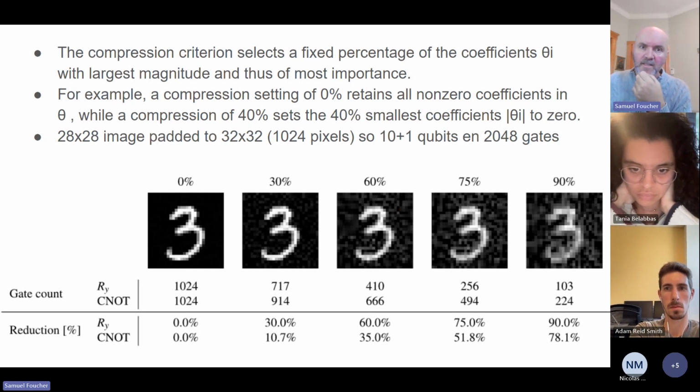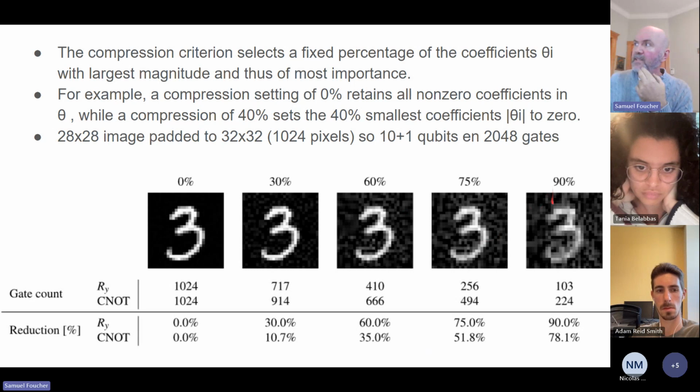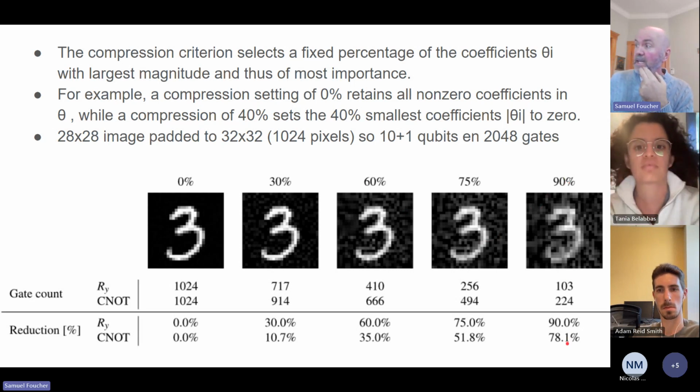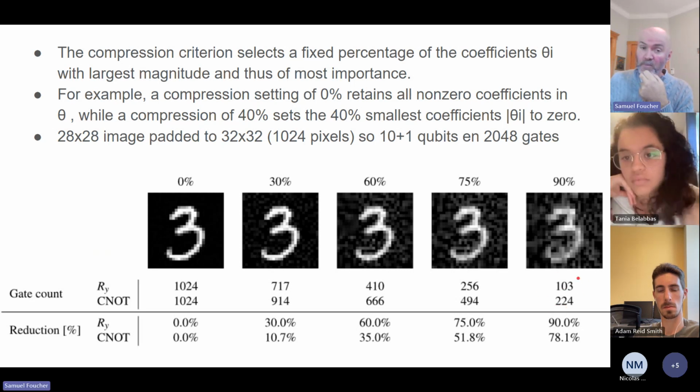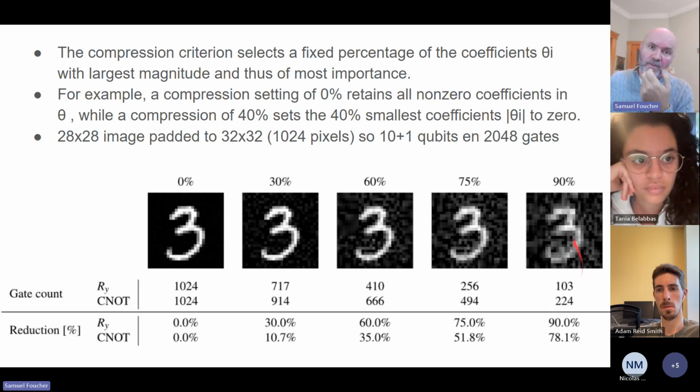You're removing a lot of the gates. And you can go up to 90%, which is really, really strong. And you get a much smaller circuit, but of course you're losing the quality of the representation.